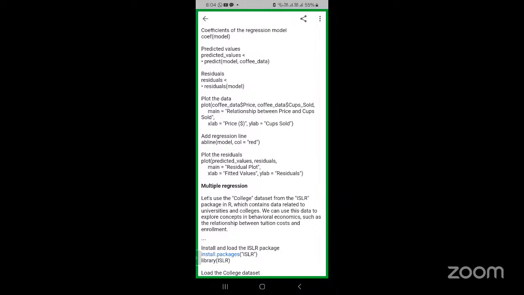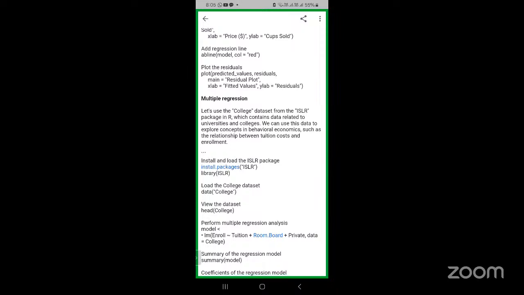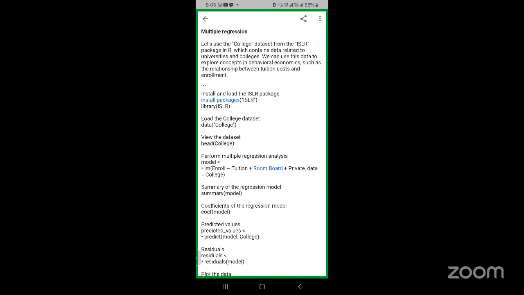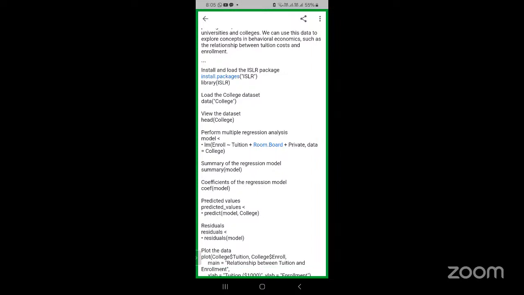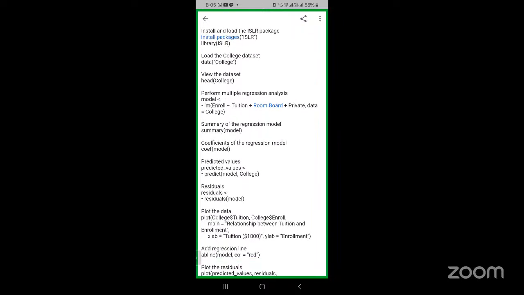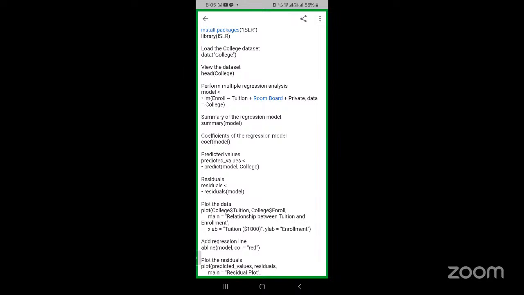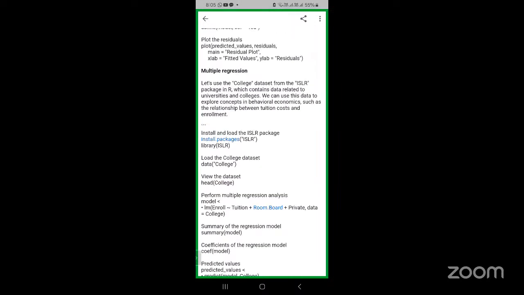That is the tendency of the human being to save the money. Therefore, when the price increases, then the enrollment decreases.